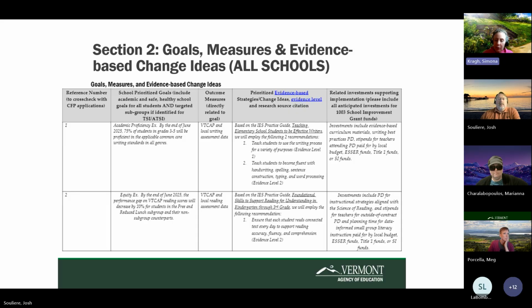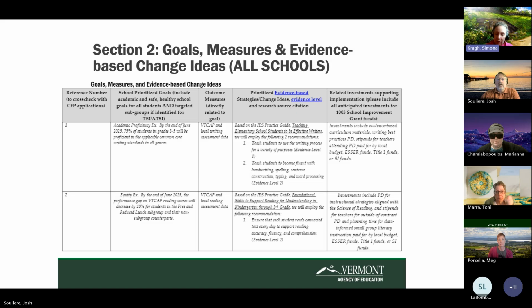This section also contains a space to reference goal numbers so that where applicable, they can be integrated into the CFP grant applications. Pursuant to Act 139, all schools are required to identify proficiency levels for literacy, as well as specific goals and evidence-based strategies for improvement.